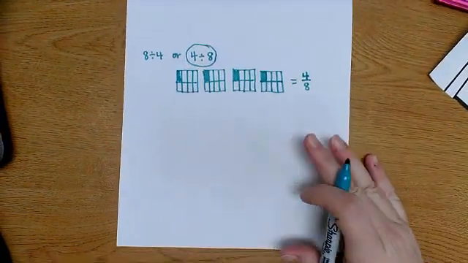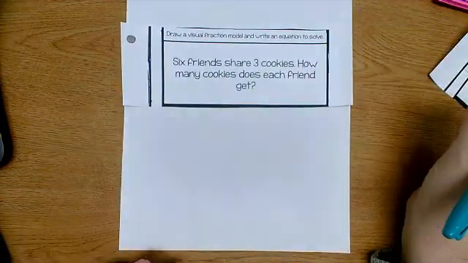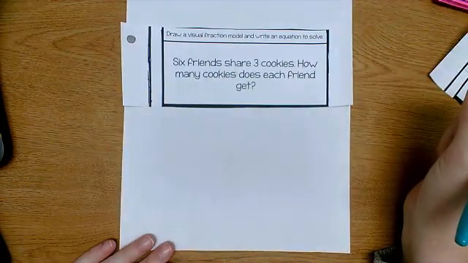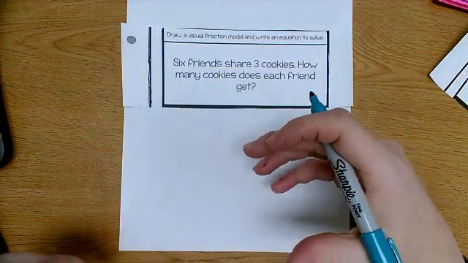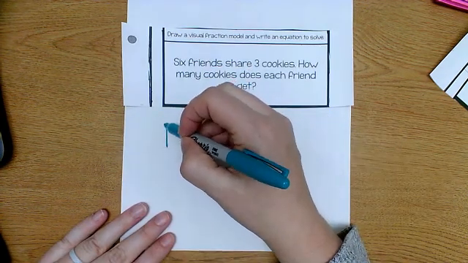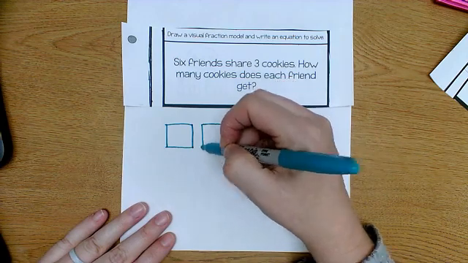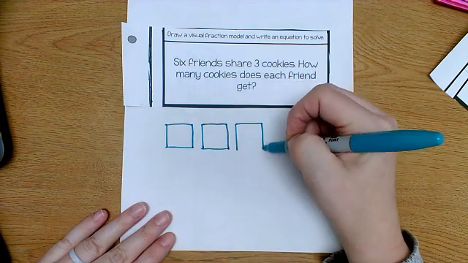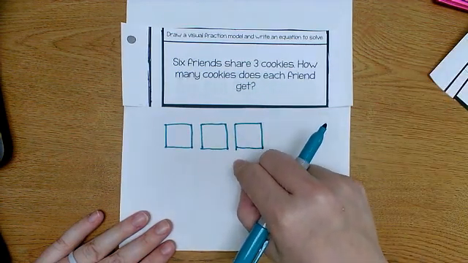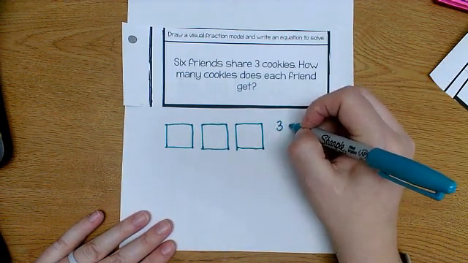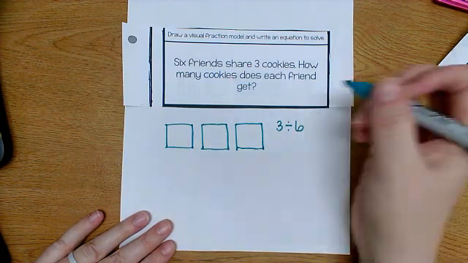All right, let's look at another one. We're looking at 6 friends share 3 cookies. How many cookies does each friend get? So first I'm going to picture what do I have, and I'm going to draw my 3 cookies because I have 3 cookies. And 6 friends are going to be splitting that up. So I have 3 cookies, and I'm going to divide it between the 6 friends.